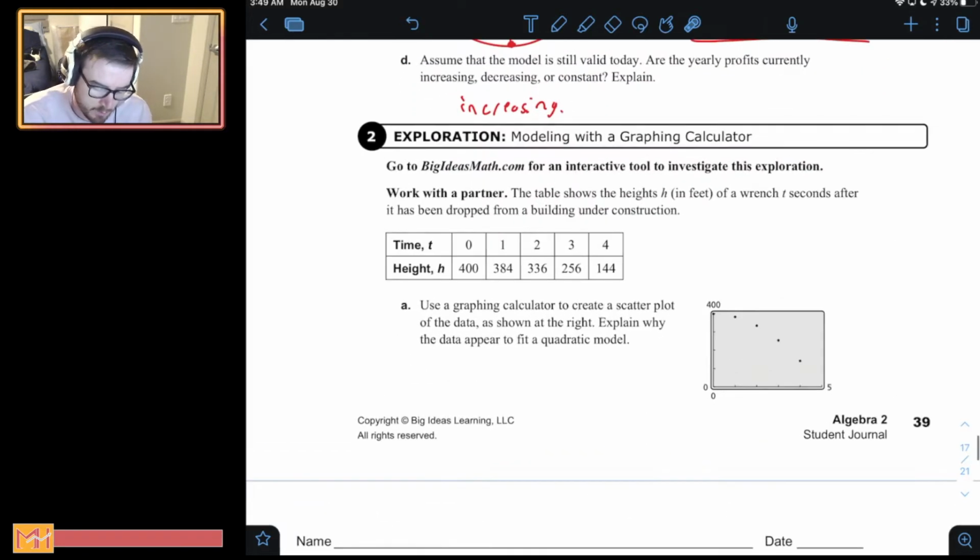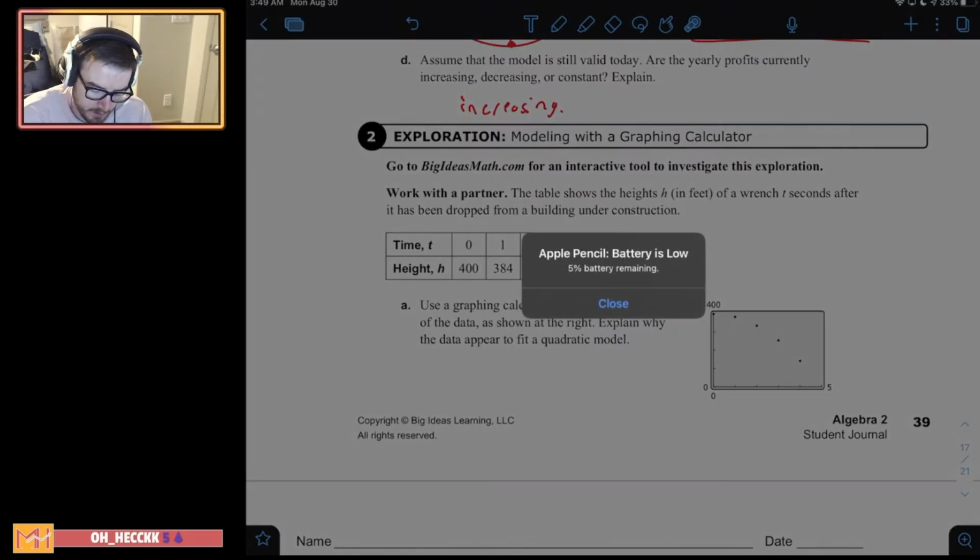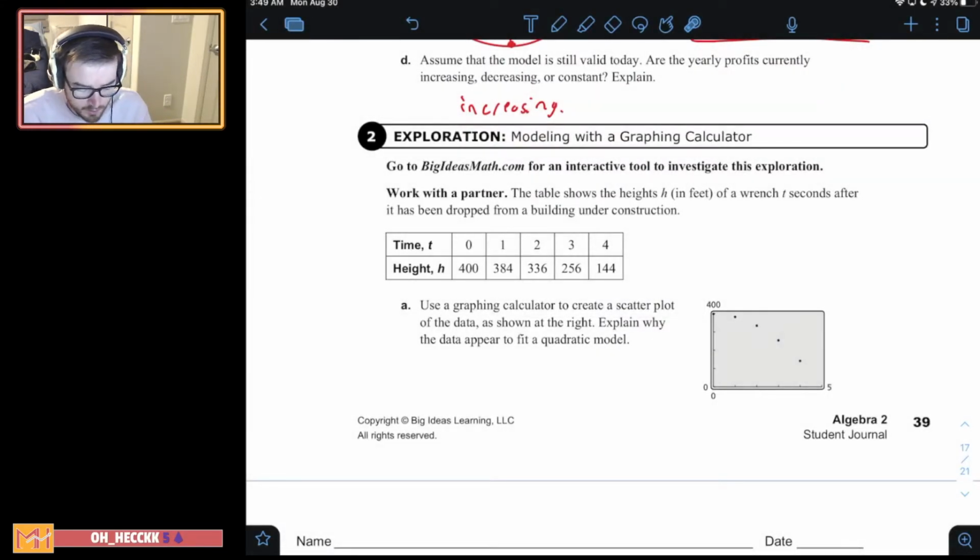Let's look at one with some more concrete numbers. The table shows the heights h in feet of a wrench t seconds after it has been dropped from a building. So the wrench starts on top of the building. The height here is all the way up at 400 feet. But when it drops, it's going to very quickly drop in a matter of seconds.